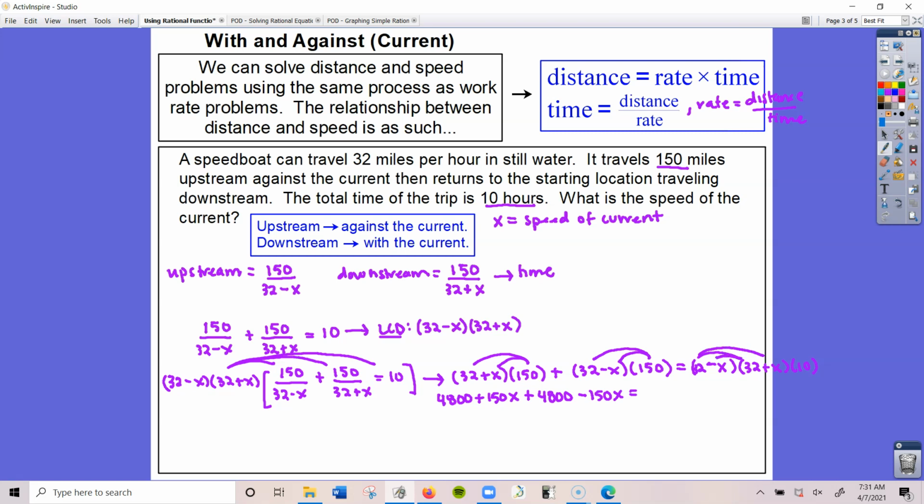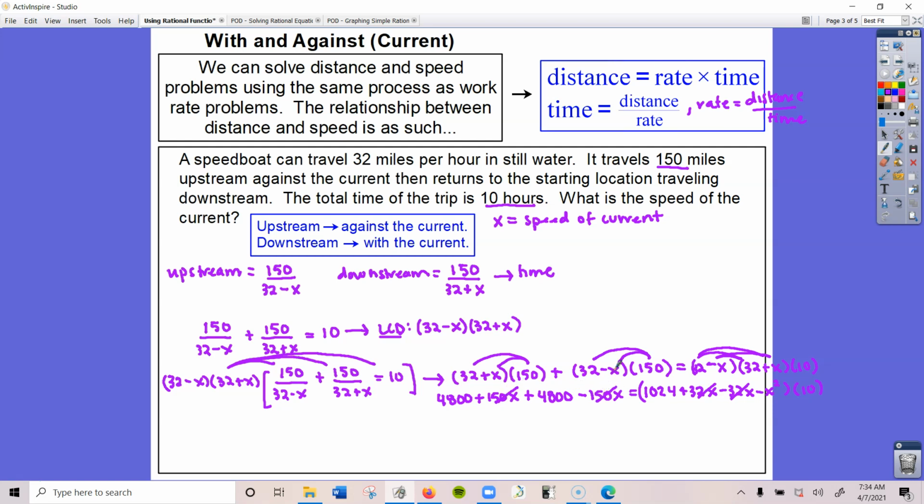So I'm going to distribute this first, the 32 minus x with the 32 plus x, which when we multiply, we would get 1,024. That's 32 times 32. Then plus 32x minus 32x minus x squared. And then this I have to multiply with the 10. Now here, these 32x's will cancel. Here, the 150x's also cancel.